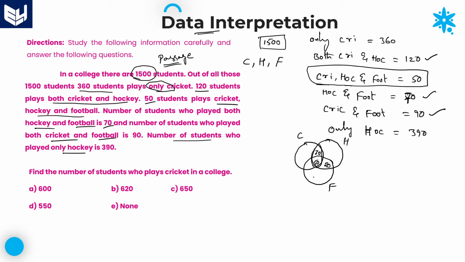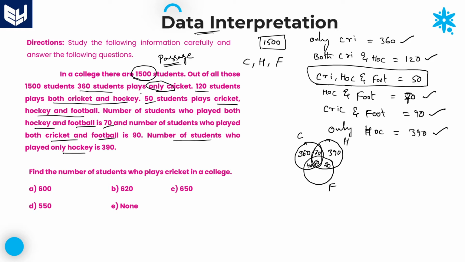Out of this intersection, 50 is already there, so 40 is left over. Now you need to focus on a single game. Only cricket is 360, this is the region of only cricket. Only hockey is 390.